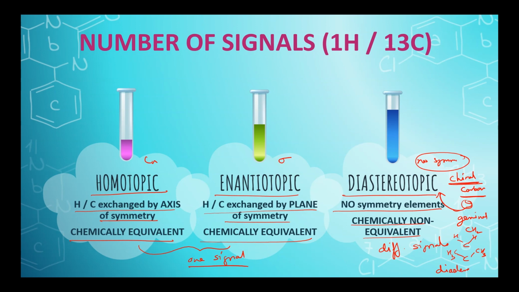Keep this in mind because it is a very important concept. They'll give you different signals. If you have a chiral carbon in the molecule, the hydrogens or the geminal methyl become chemically non-equivalent. They become diastereotopic, so they'll give you different signals.